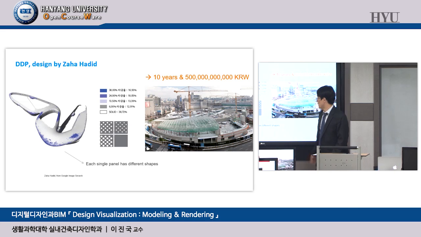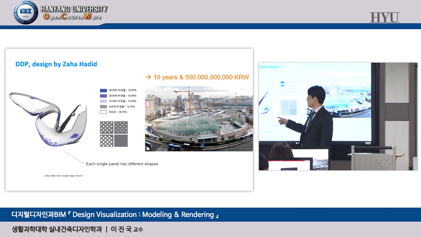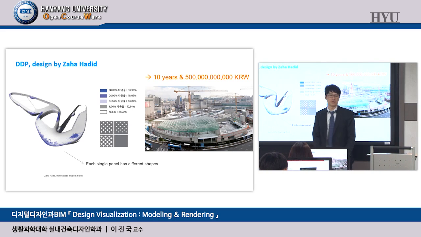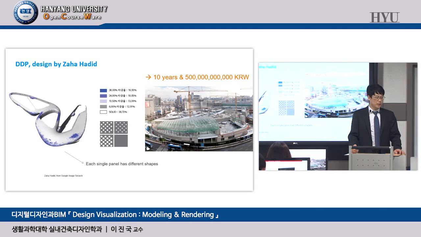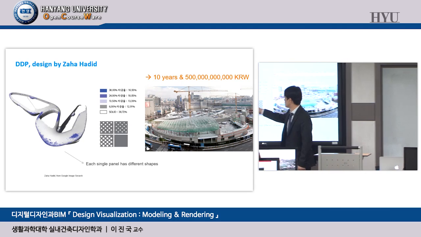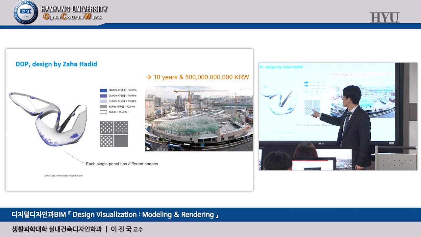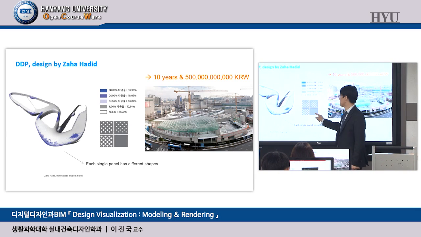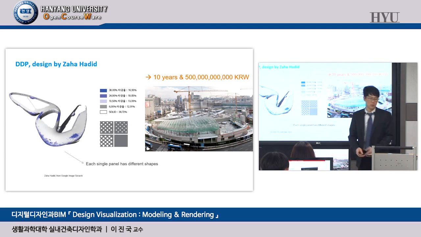Because each single panel has totally different shapes one by one, but this one has several hundred thousands of different unit modules. Each one has different ratio for holes. Something is solid panel, something has bigger holes, something has smaller holes.